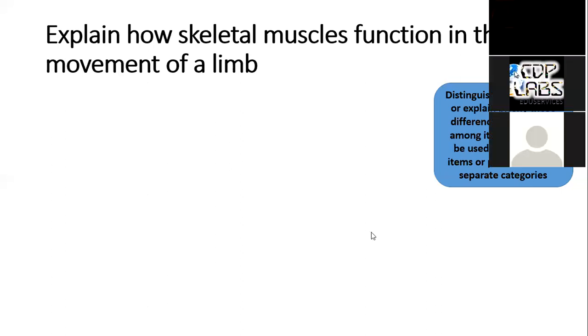Chevel, do you want to try that word? One word you can use when you speak about the skeletal muscles' function in the movement of a limb. Come on, one single word.